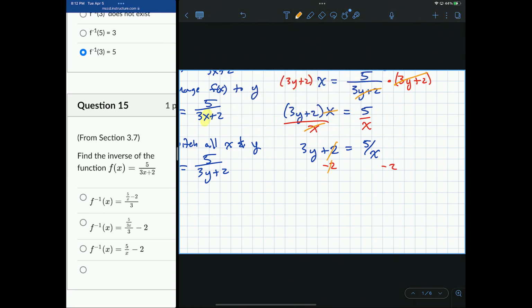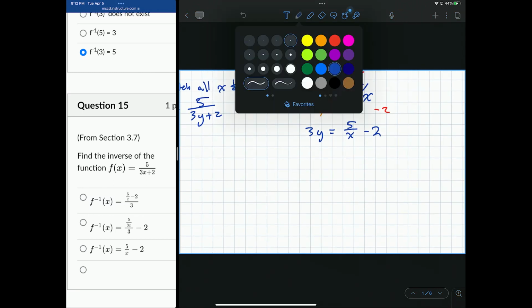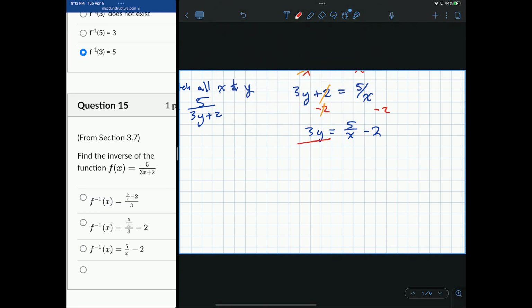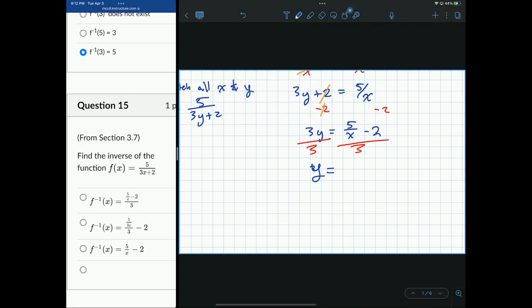Cancel, cancel, cancel. We will have 3y equals 5 over x minus 2. And then to solve for y, we should divide both sides by 3, over 3. And we end up with y equals 5 over x minus 2 over 3.